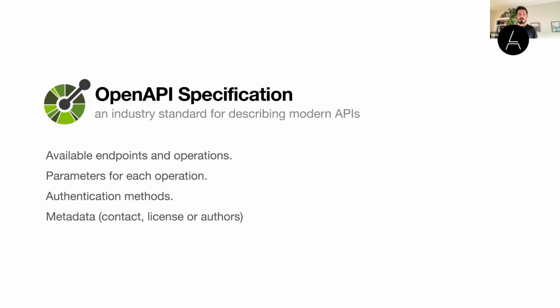It's an API description format for REST APIs, and it is the most broadly adopted industry standard to describe REST APIs in a machine-readable formal language. It includes the available endpoints and operations in the system, the parameters for each operation, which authentication methods are supported, metadata like contact, license, authors, and so on.